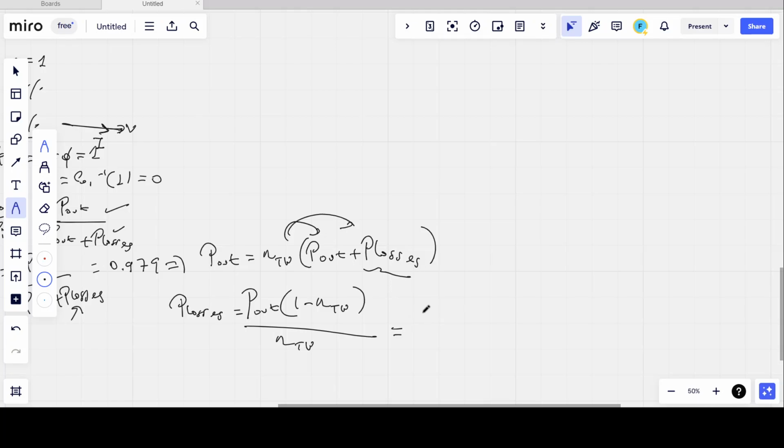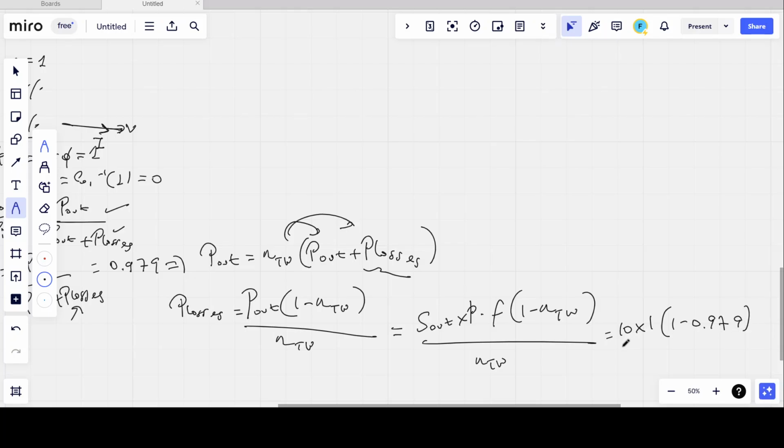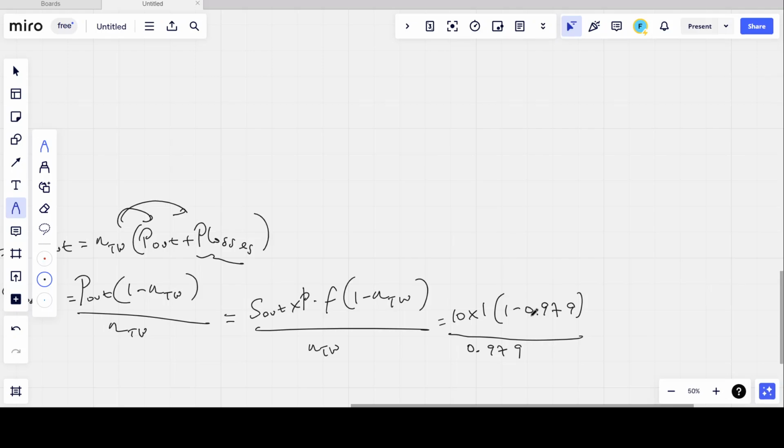So power output is S output times the power factor. P losses is then 10 times 1, unity power factor, times 1 minus 0.979, divided by 0.979. And this will give me the power losses or the copper losses.